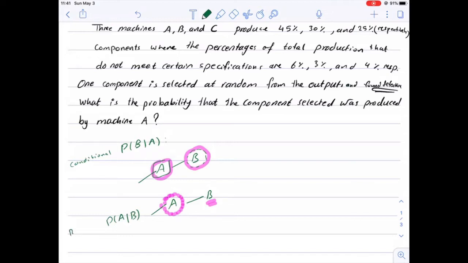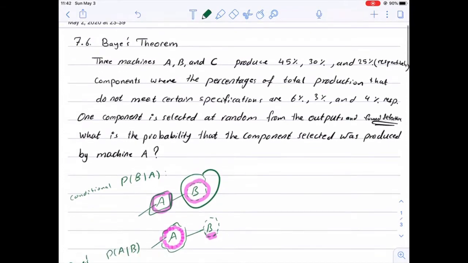So this is Bayes' theorem, and this is the difference. Conditional probability asks about B, the outcome, given the previous event has occurred, and Bayes talks about the probability of the occurrence of the previous event, given that the final event or the event in the next stage has occurred.